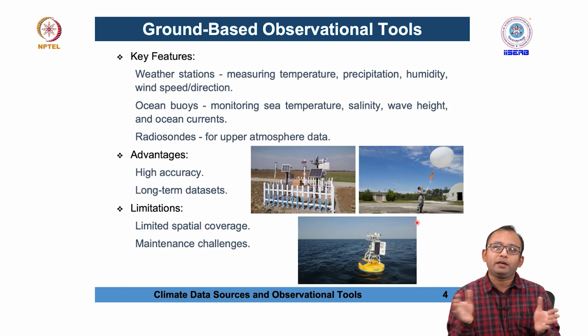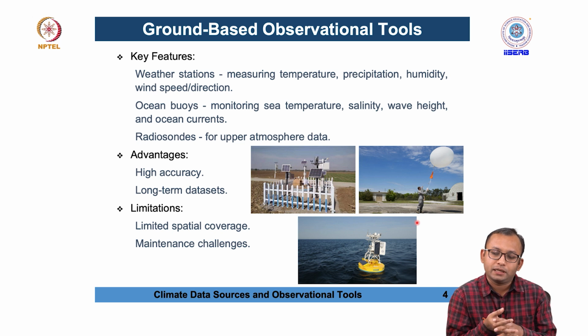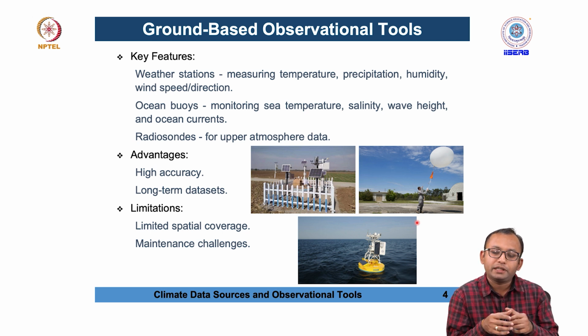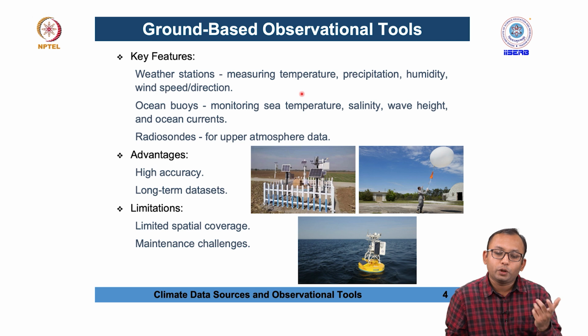So, there are several data types. One data type is ground-based observation tools, which are devices installed in several places. For example, weather stations measure temperature, precipitation, humidity, and wind speed continuously at one particular point or location.